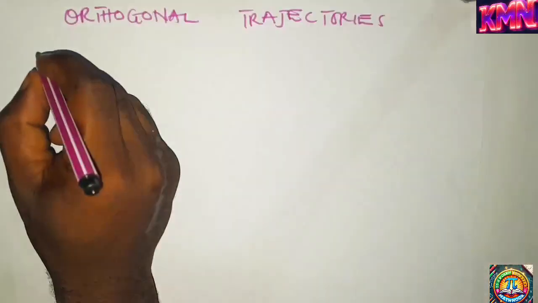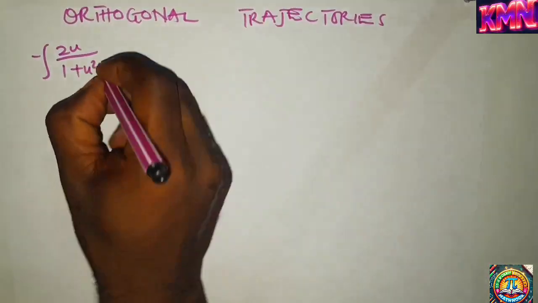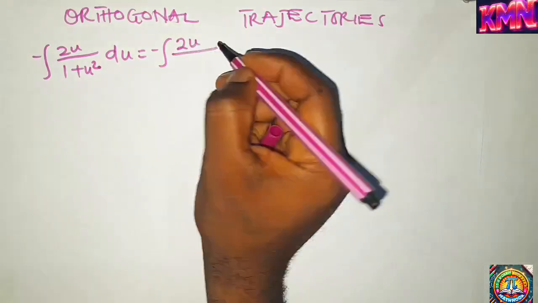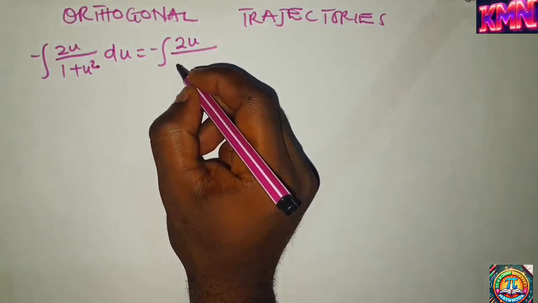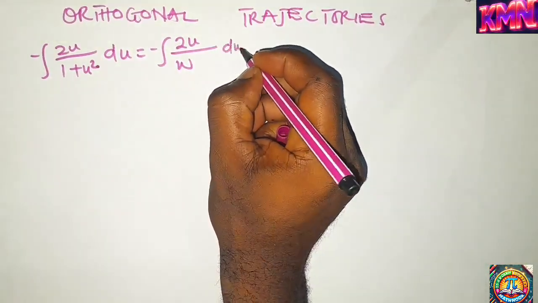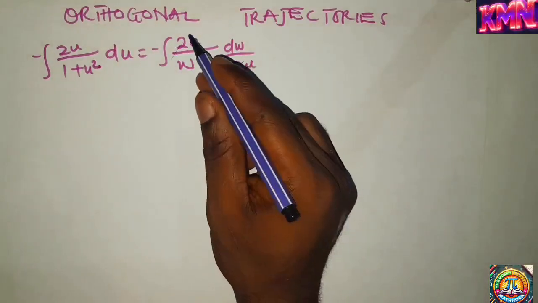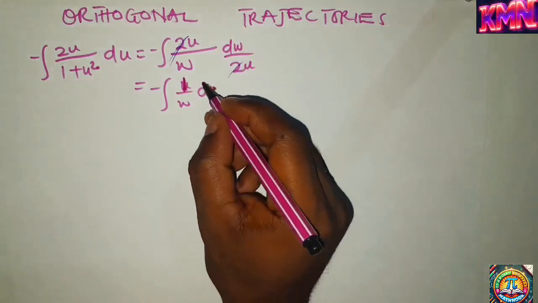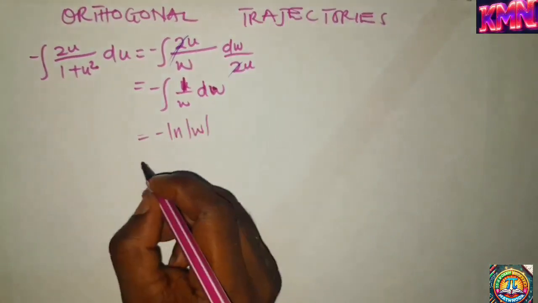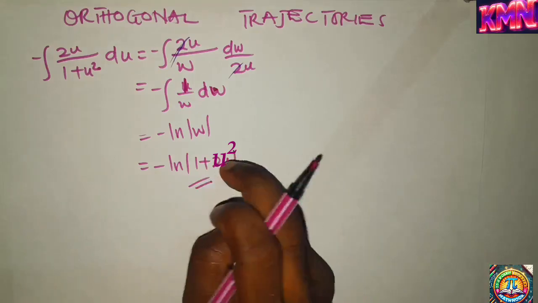Substituting everything back into this, this was w, and then the du now is dw on 2u. You can see this cancels this, 1 on w dw, and that is negative ln w, and that's negative ln, and it's the same thing as what I wrote.